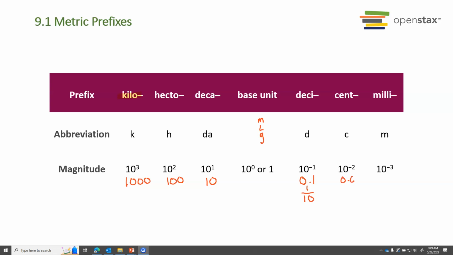This is 0.01, or 100th. And then here we have 0.001, which would be 1,000ths. These are what we're going to talk about as our conversion factors. We'll get to that in a minute. But just to show you that we're talking about magnitude when we talk about these prefixes.